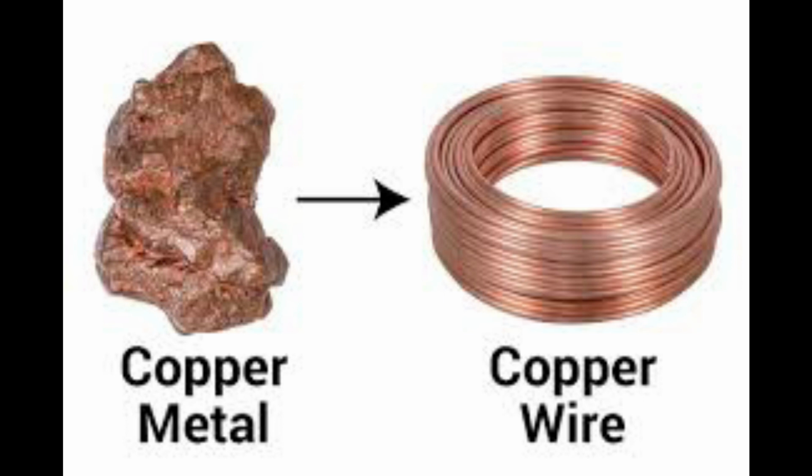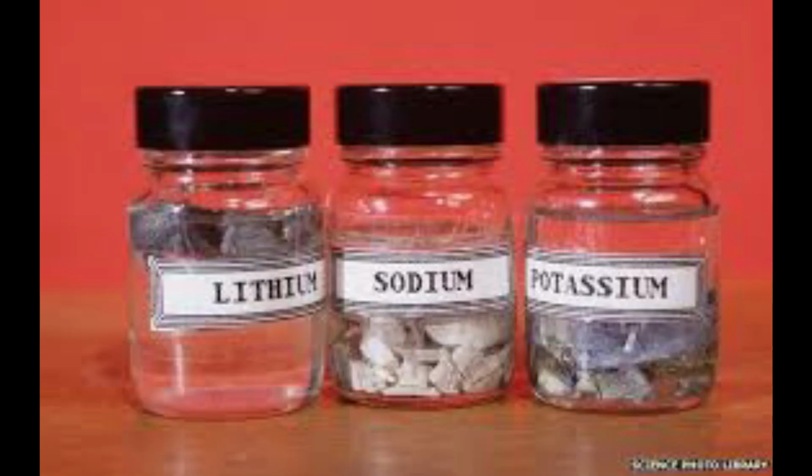I would like to bring to your notice 2 special metals in the periodic table. Metals like sodium and potassium are soft and can be cut with a knife. Mercury is the only metal which is found in liquid state at room temperature. These are the exceptions in metals, children. Sodium and potassium are highly reactive, highly explosive.